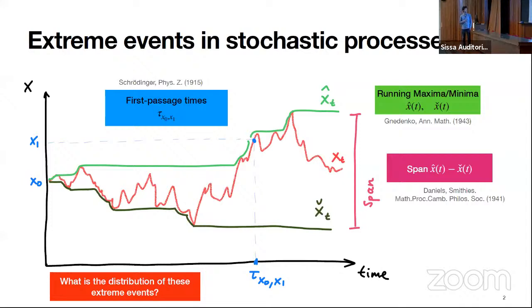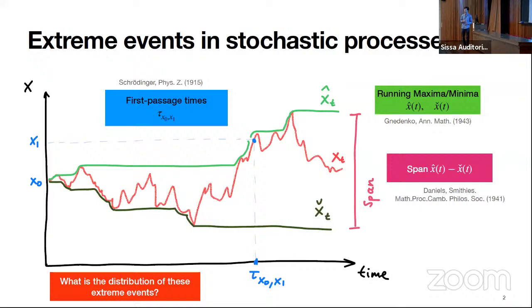There are a couple of things that you can now ask about the stochastic process that concern its extreme behaviors, its records that are broken. As I just learned in Gambling Demons, you have the question of the first passage time. For this, you define a certain barrier at a height x1, and you just wait for the first time tau x naught x1 that your process reaches this critical threshold.